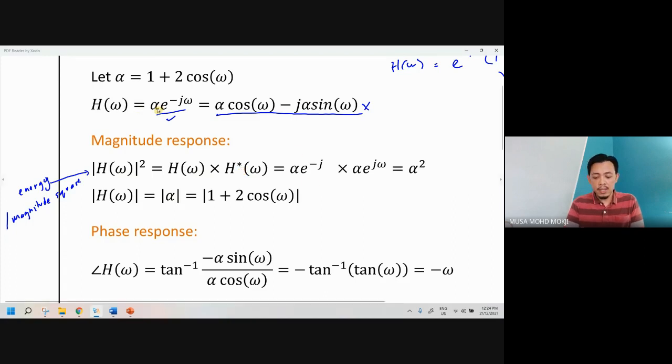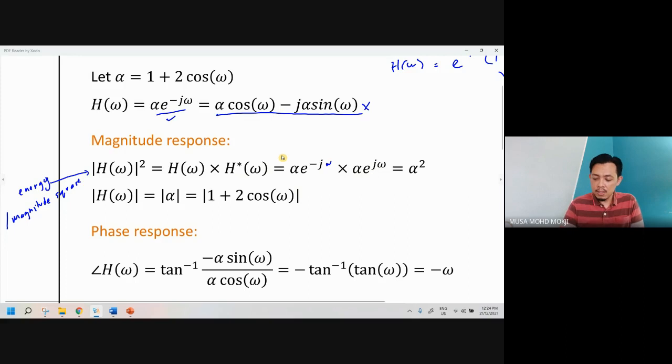So we have this alpha e to the minus j omega. And then this is the conjugate, because this is a negative, then you will have this one as a positive. So do that, multiply e to the minus j omega by e to the j omega.